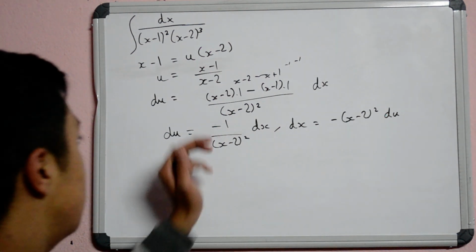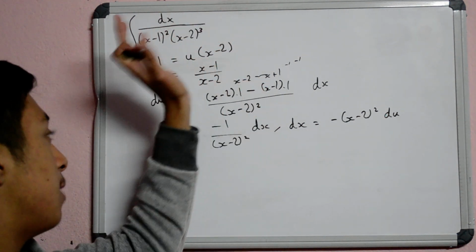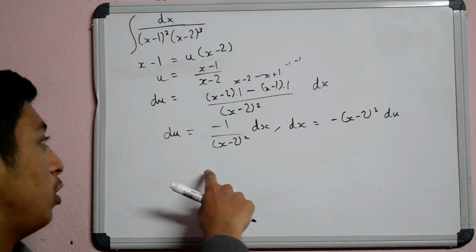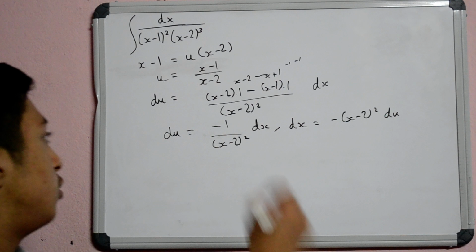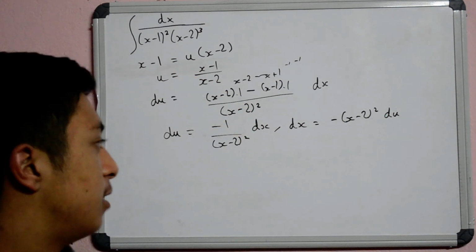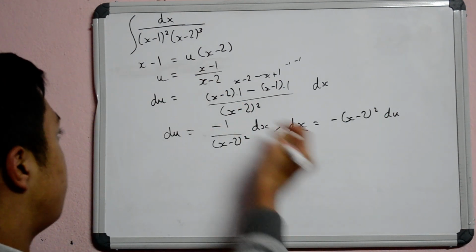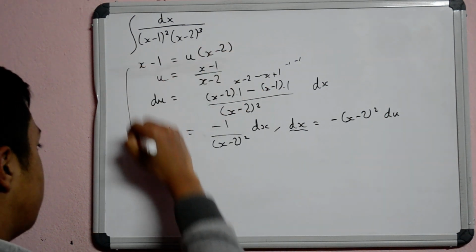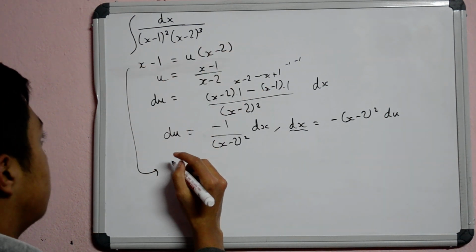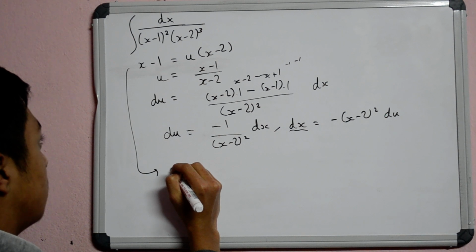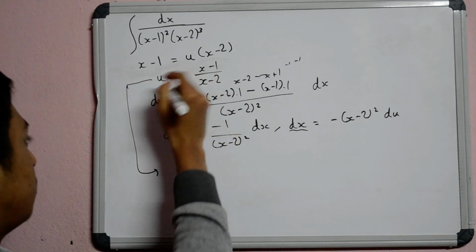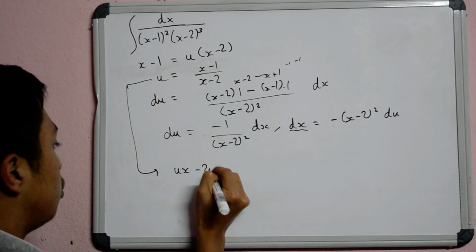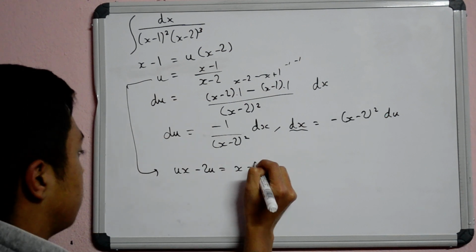Now, for these types of integrals, not only will you have to find u, but you'll have to find x. And once you find x, you don't have to find dx, because we already have it right here. So from this equation, let's use this equation, this will be easier. We get ux minus 2u equals x minus 1.